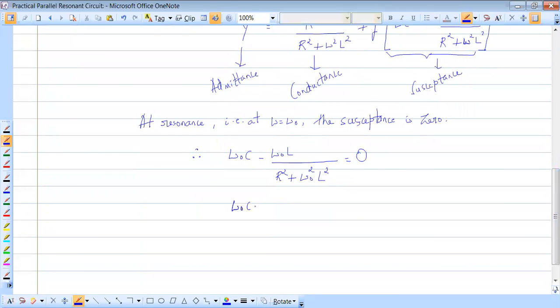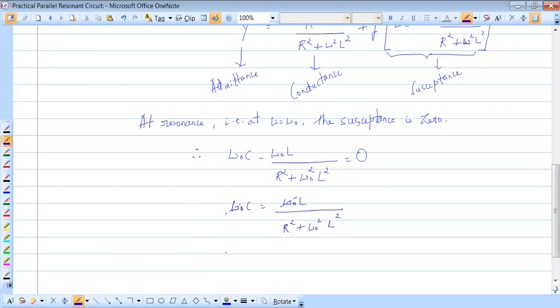So what we can do is omega naught C equal to omega naught L divided by R square plus omega naught square L square. Fine. So what we can do here, omega naught goes off. Anyways, there is omega naught square in the denominator, so this goes off and this goes off.